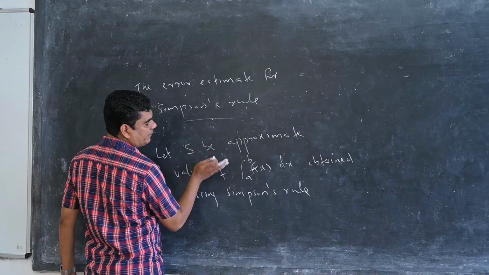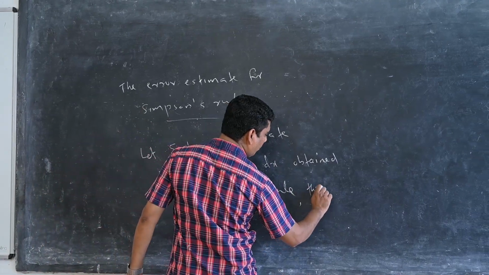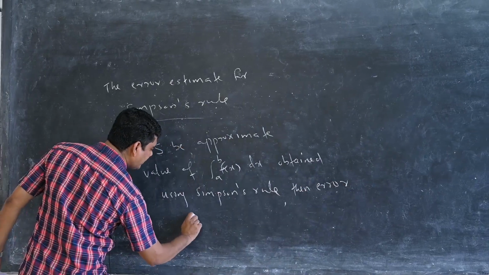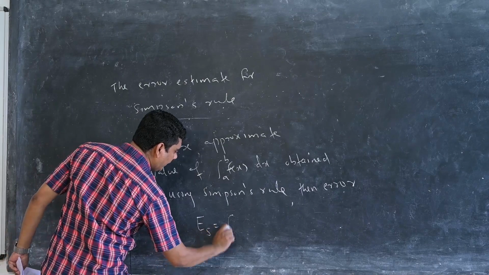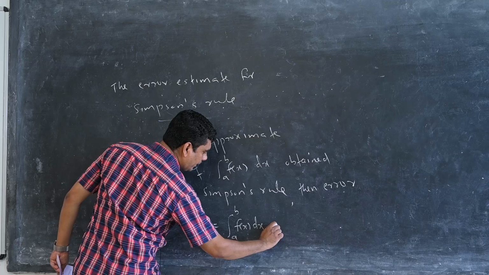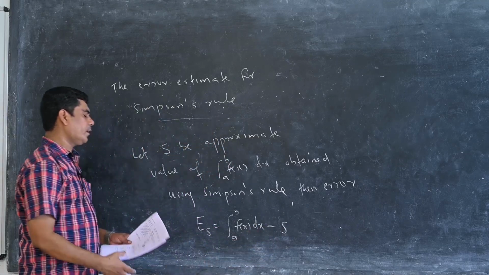If S is the approximate value, then the error is E_S equal to the integral a to b f of x dx minus S. So this is the error in Simpson's rule.